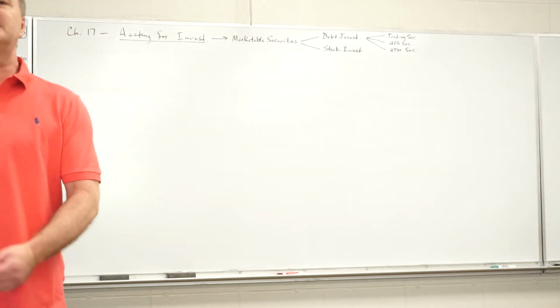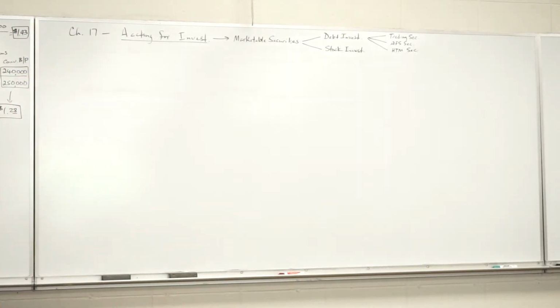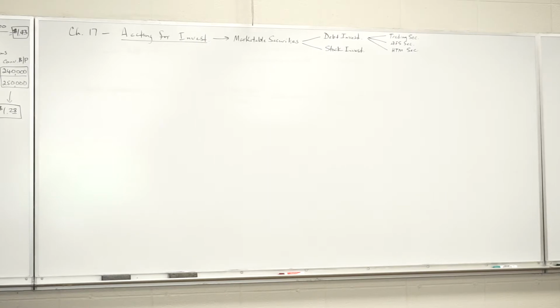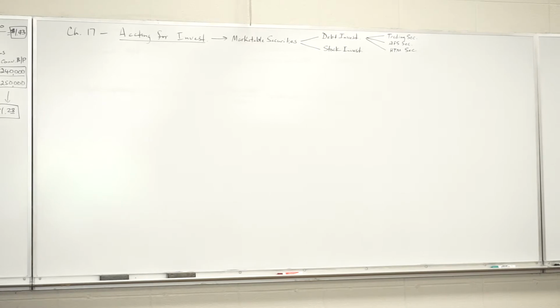If the bonds are classified as trading securities, they are reported on the balance sheet at fair value, with unrealized gains and losses reported as part of net income, on the income statement.